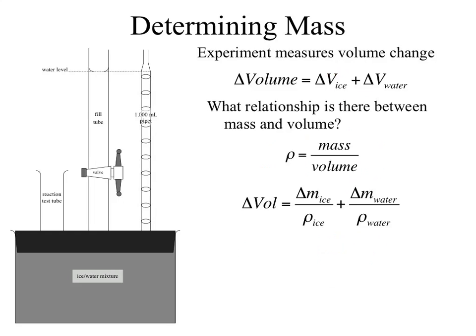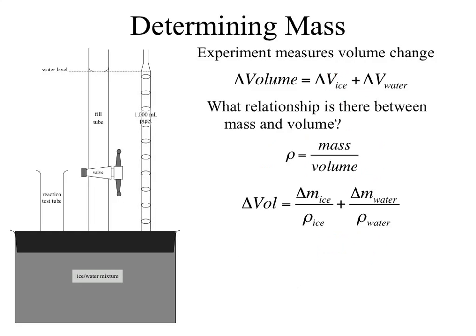We got the change in volume, but how do we solve for those two terms? We still have two variables and only one equation. Well, what is the relationship between the change in mass of ice versus the change in mass of water? Remember, this is a closed system. What's going to happen to the mass of ice? It should decrease.